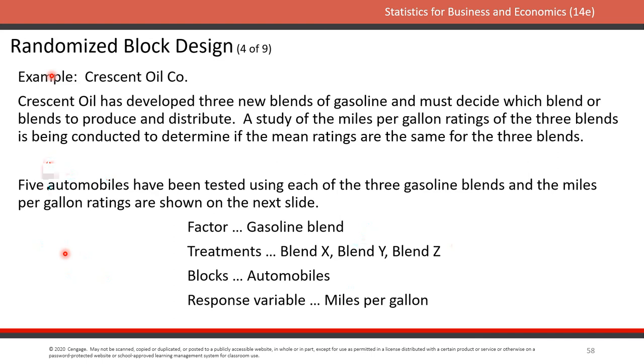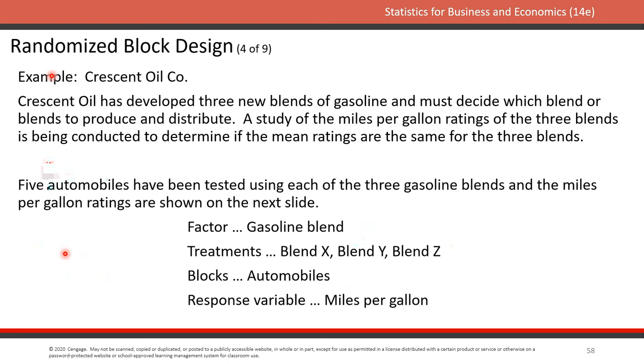That variability is due to a known factor. So if I don't account for the block, all of that movement gets added to error. But by accounting for this automobile factor, instead of having all that variability go to error, I have all that variability go to the automobile, or to the block in the model. And then my error is that much smaller.